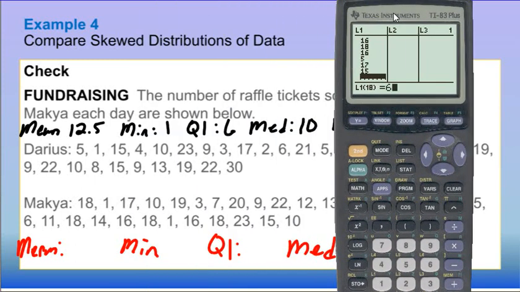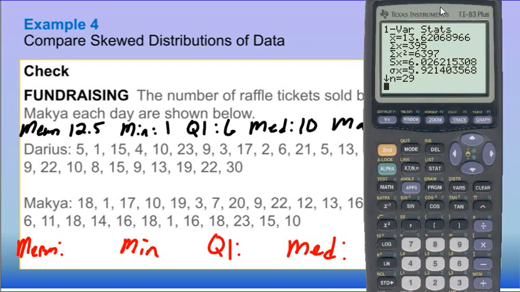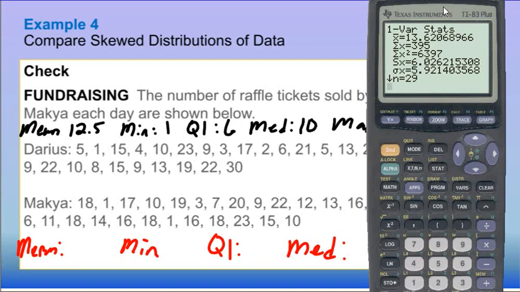The rest we got 6, 11, 18, 14, 16, 18, 1, 16, 18, 23, 15, and 10. Then hit stats, go to calculate, number 1, enter. Our mean is 13.6.